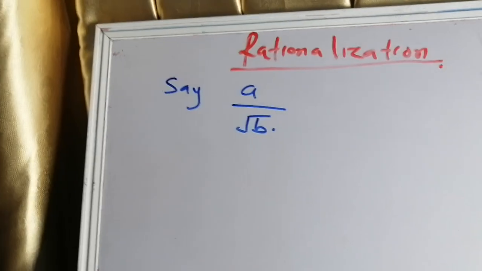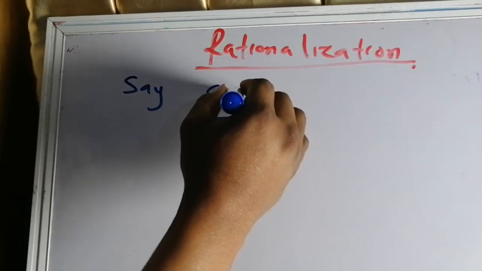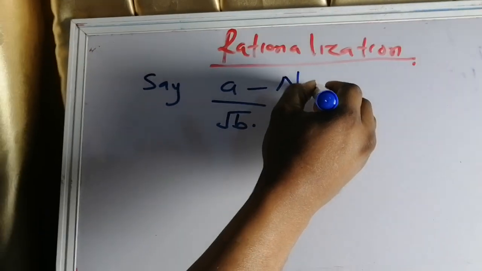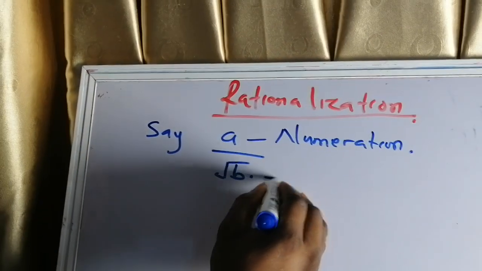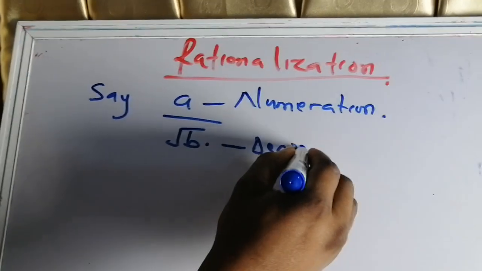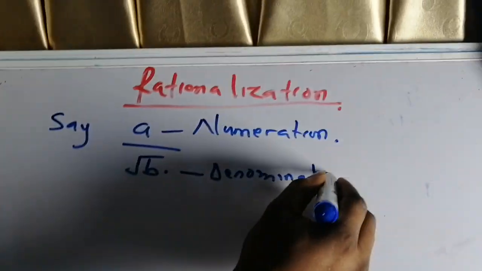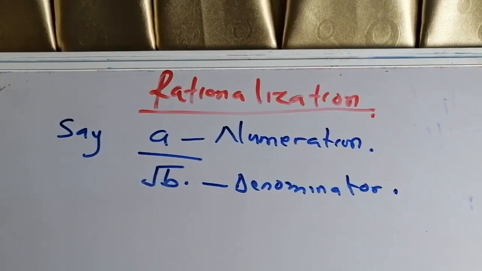This is the numerator. I've mentioned this at the beginning, that's part one of surds. This is the denominator.